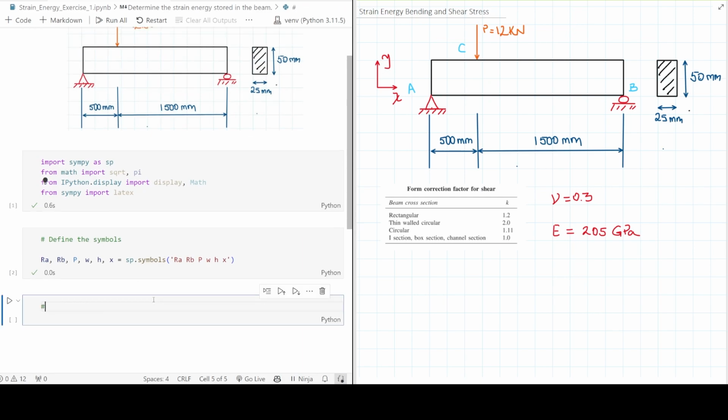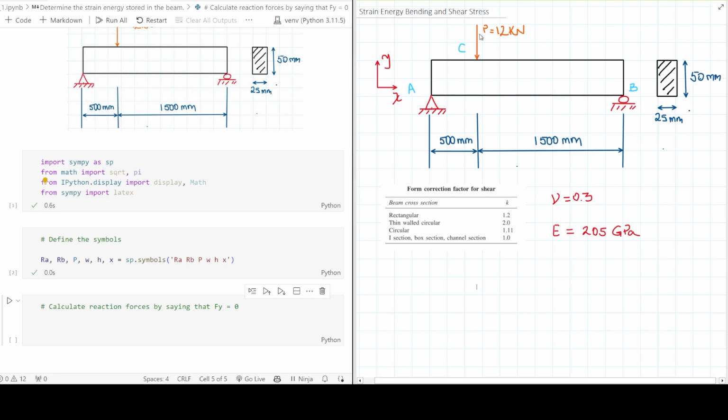Calculate reaction forces by saying that the sum of forces in Y has to be equal to 0. And then if I come here to the notebook, I know that the forces are going to be just 3 forces. Reaction in A is going to be pointing up.